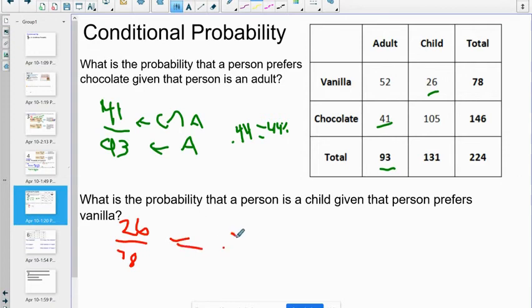So that's 0.33 repeating, which is equivalent to about 33%. Because this is both of them, so child and vanilla over vanilla.